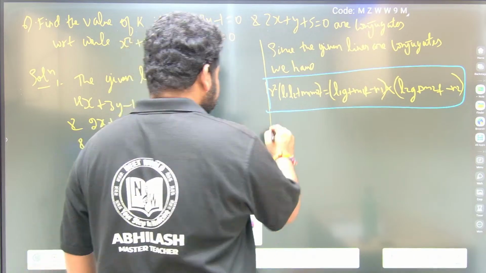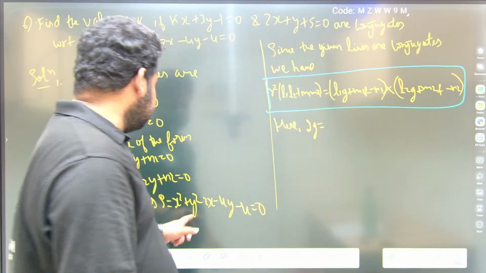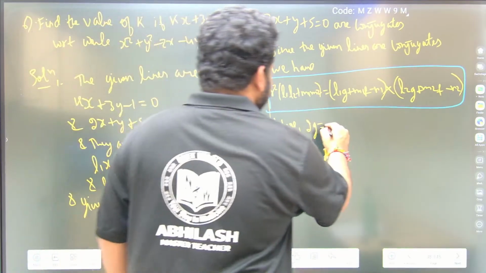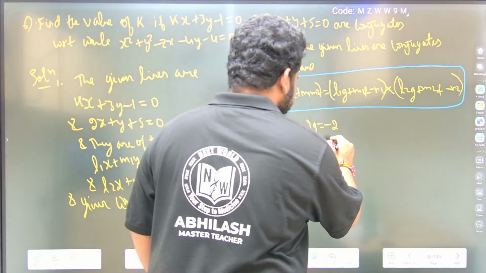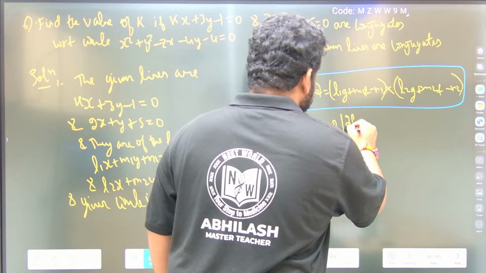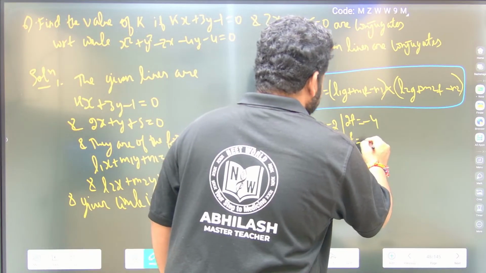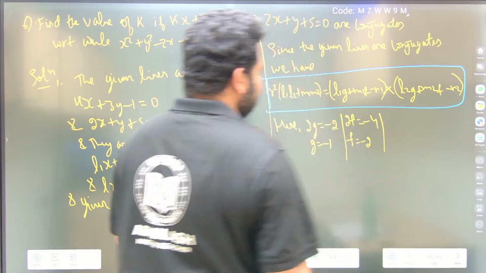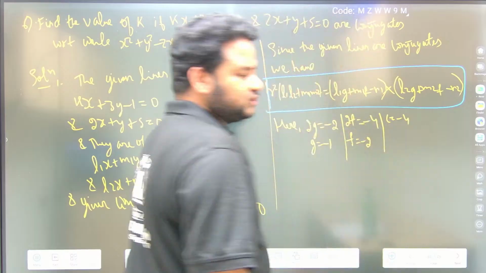Now in this question, in the given circle 2g is equal to -2, which implies g = -1. Now 2f is -4, which means f = -2. The constant c is -4.